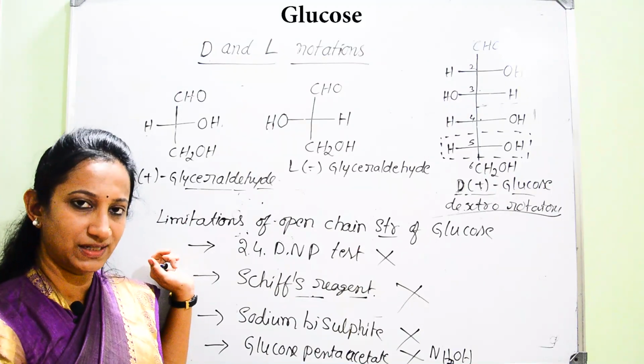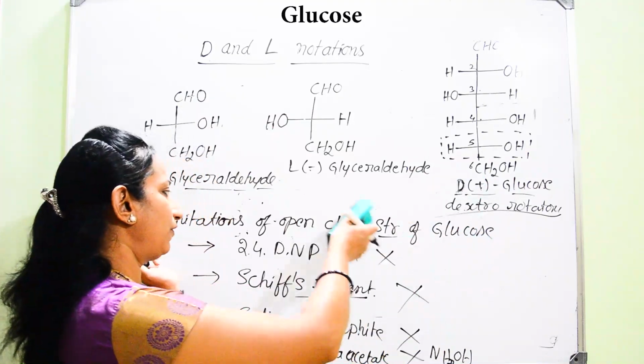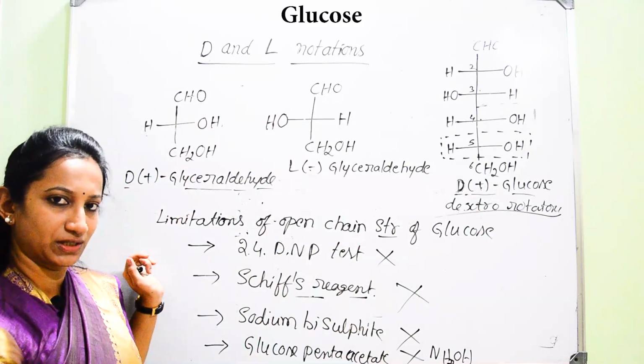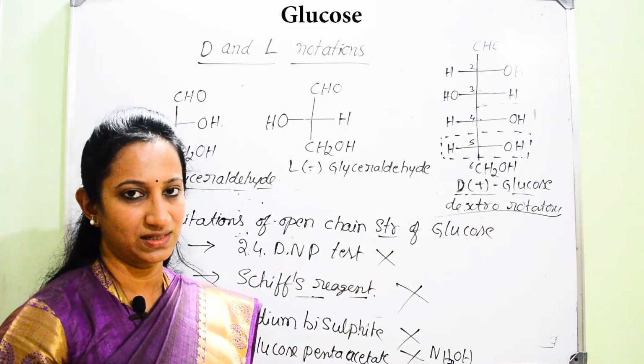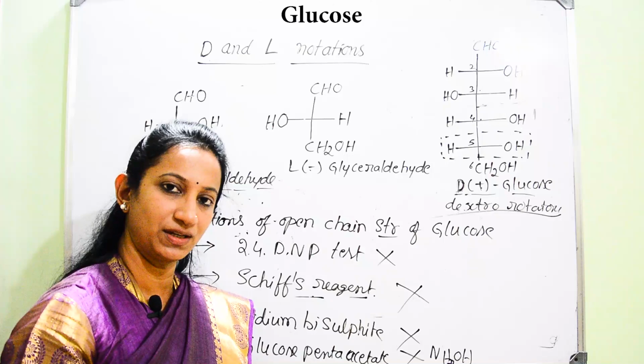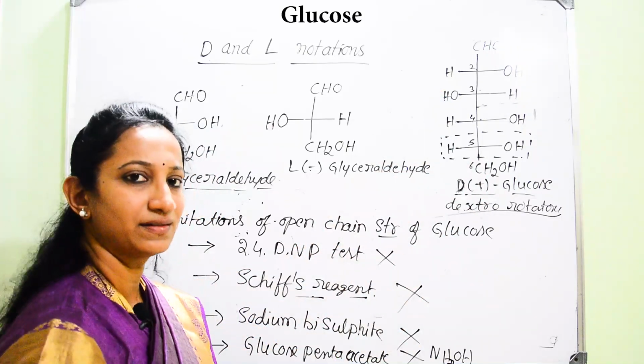Fischer himself gave the cyclic ring structure for glucose after considering these observations. So glucose is not only able to give an open chain structure, it is also able to exist in a cyclic ring structure.